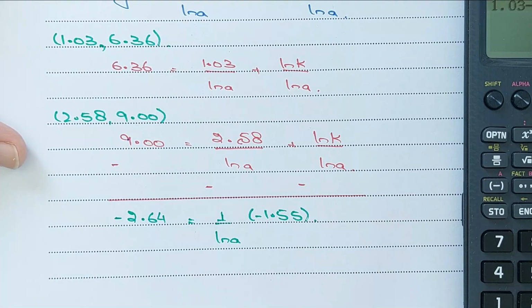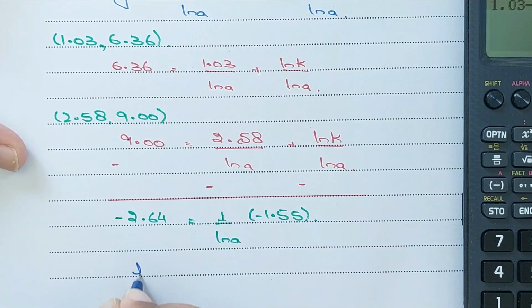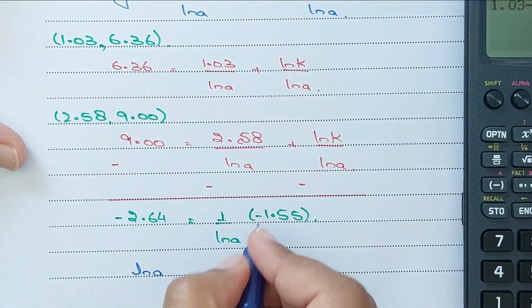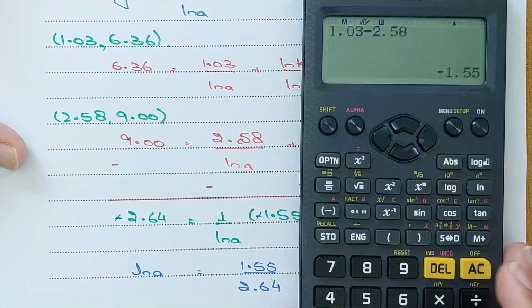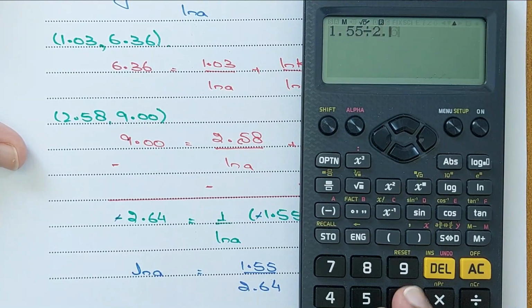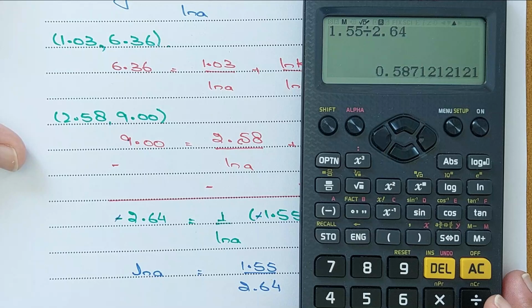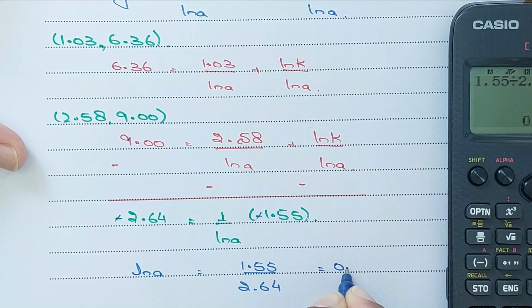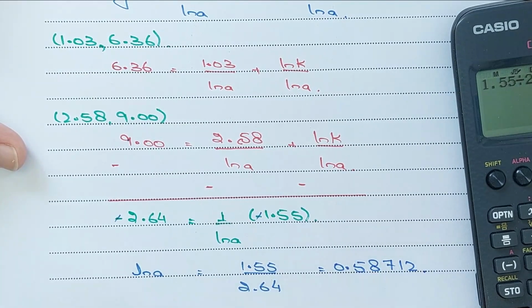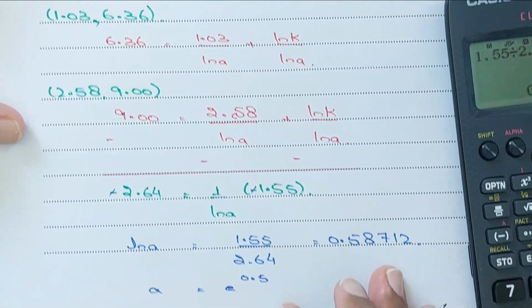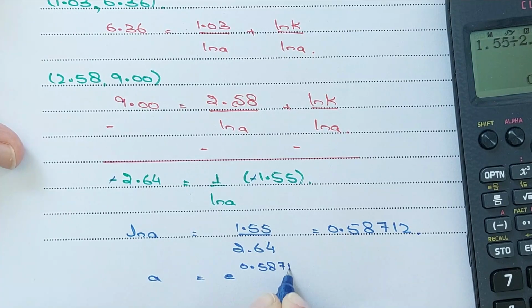Okay, so to solve for ln a, what we have to do is cross multiplication. Ln of a is over here, the negative sign is cancelled with the negative. 1.55 divided by 2.64, so 1.55 over 2.64 is 0.58712, and we have to solve for a, which is e power of 0.58712.